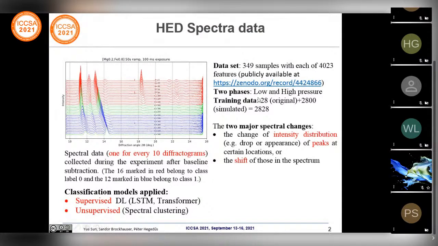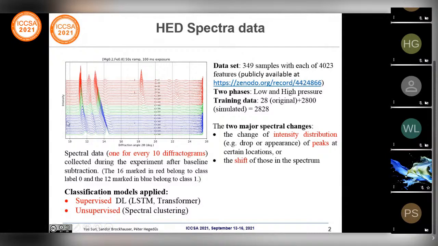Our dataset was collected during an HED, high energy density, experiment. In an HED experiment, the change of pressure will cause the change of the spectral peaks. The two major spectral changes we aim to capture are the change of the intensity distribution or the shift of the peak positions.